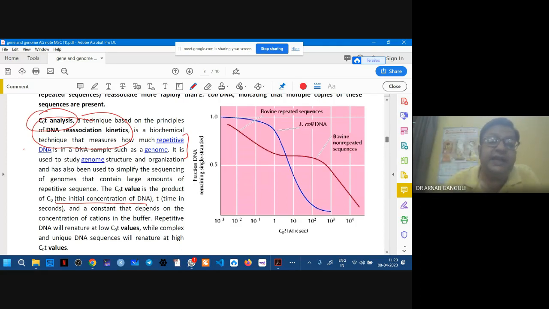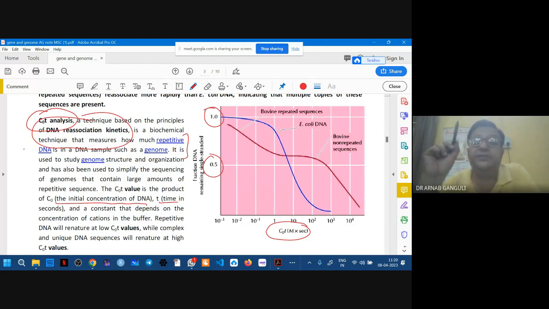And t is time in seconds. So you multiply the concentration of DNA by time. And then the fraction of DNA remaining single-stranded: as you know, single-stranded DNA will give a much higher absorbance, 0.5, and when it is reassociated, the absorbance will fall because of the hyperchromic shift.